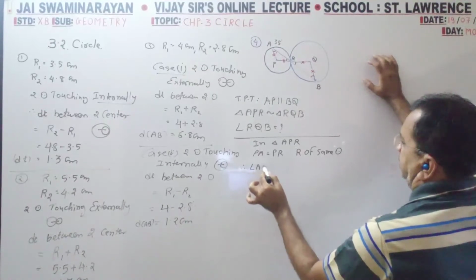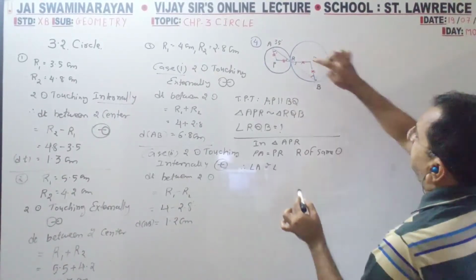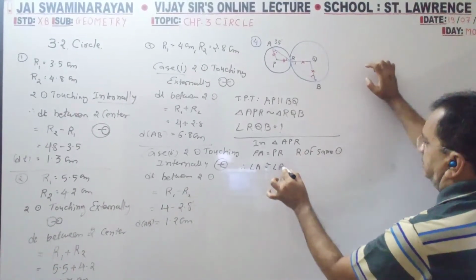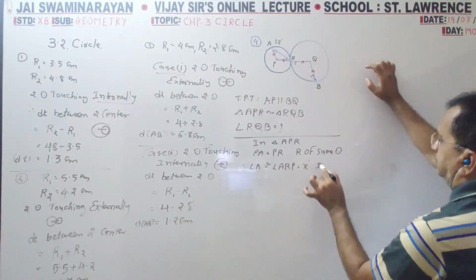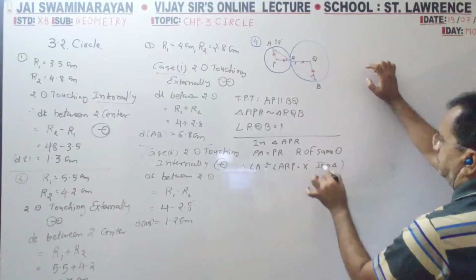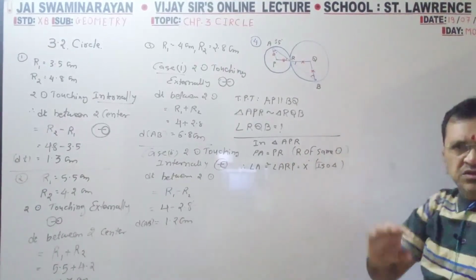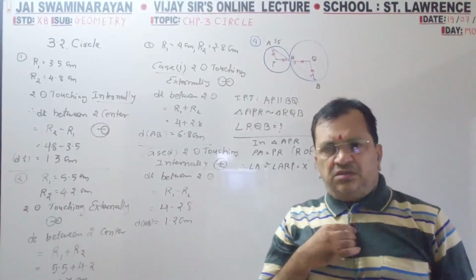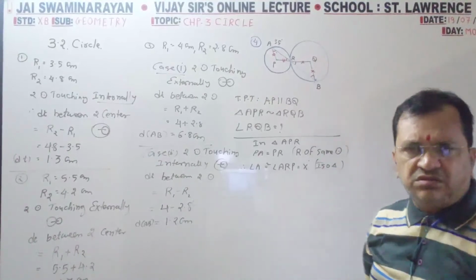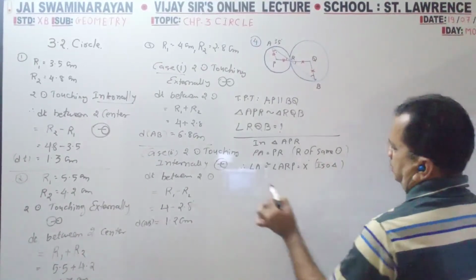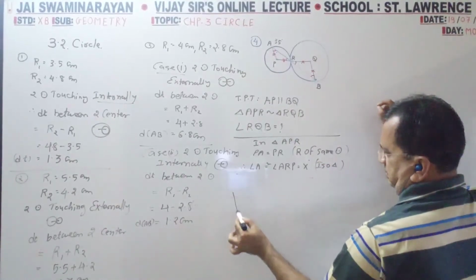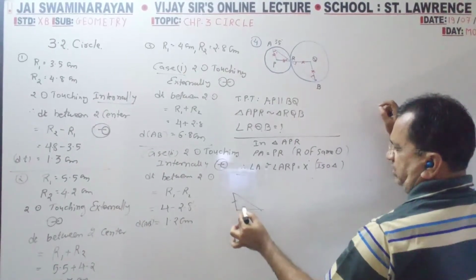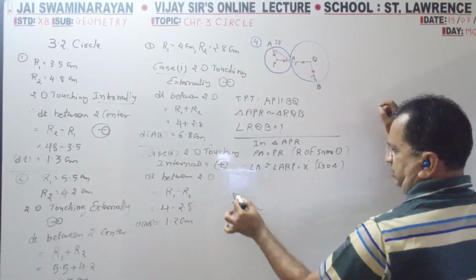Angle A congruent angle ARP. In this triangle, this equal to this, therefore this equal to this.